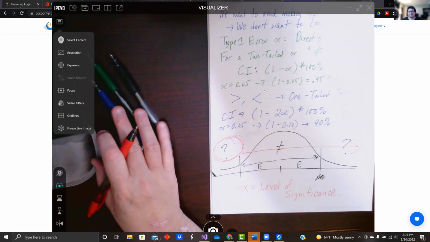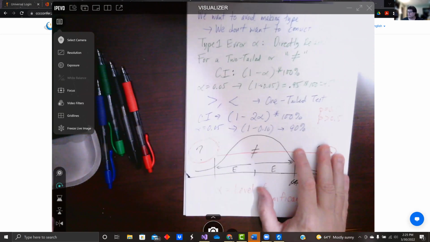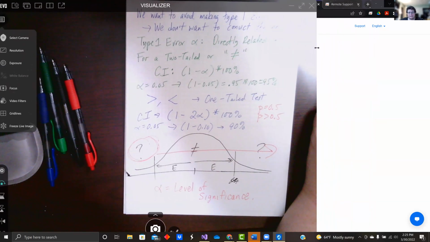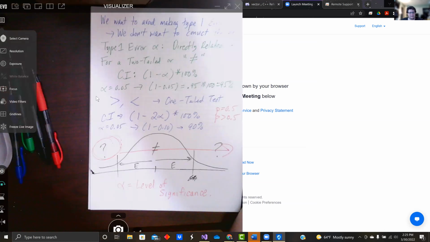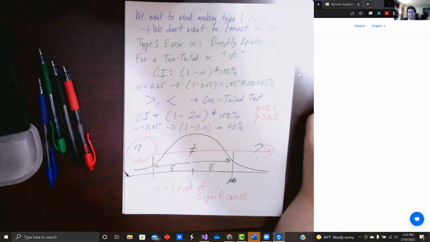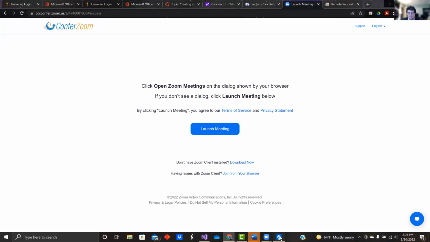All right, let's take a look at some hypothesis testing. Actually, while you guys are looking at that, I might be able to, that did not work as well as I thought. There we go. Now I could probably shift it. Nope, that's not working. What is going on? I just completely screwed this up. Let's try this again.